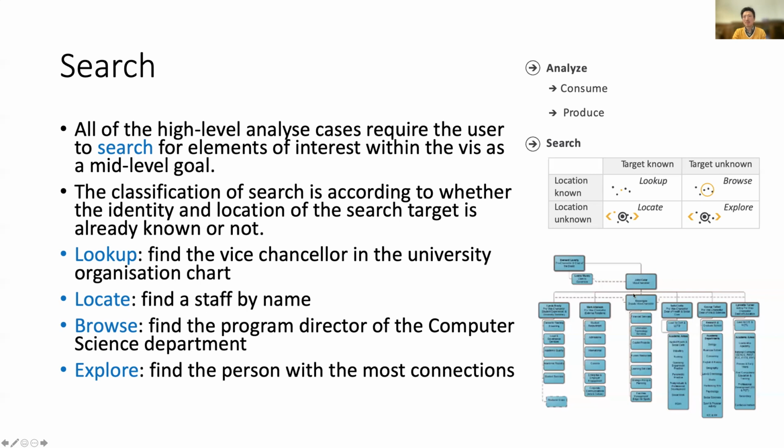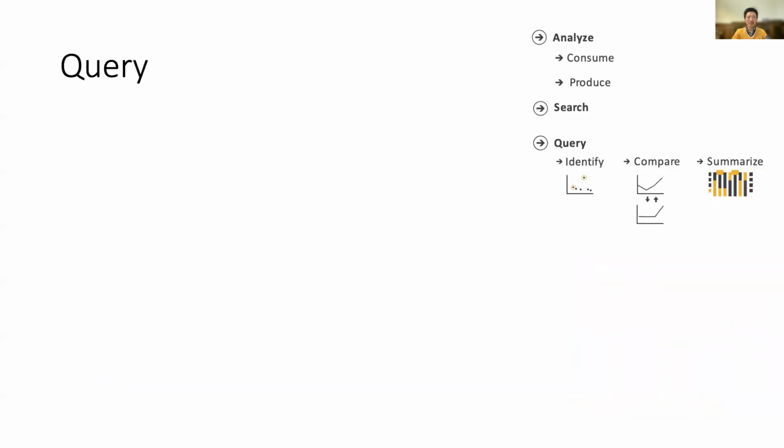Maybe potentially this person, connected to all these ones, probably the most, or maybe this person, who connects to many other people as well. So you don't know which person it is, and you don't know where to look, it could be anywhere in the visualization, and that becomes explore. And okay, that covers the search part.